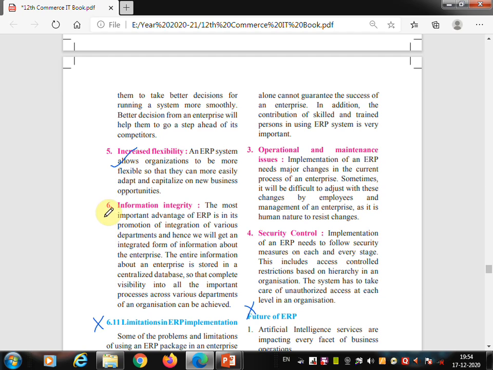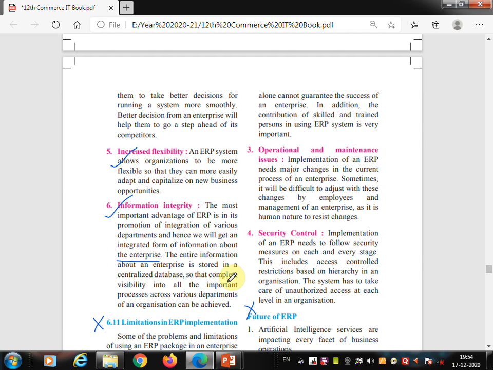And information integrity: the most important advantage of ERP is that it promotes integration of various departments, and hence we get an integrated form of information about the enterprise.